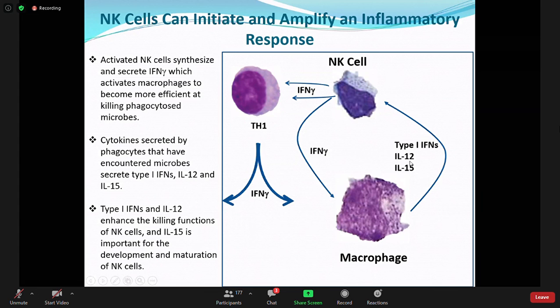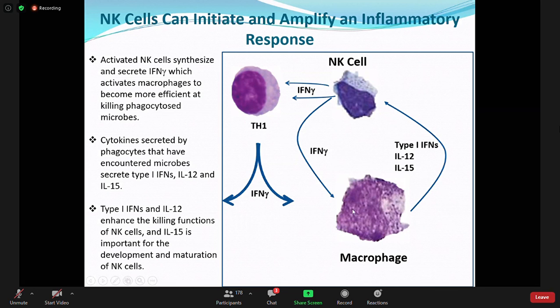Both interleukin 12 and interleukin 15 will stimulate the growth of natural killer cells, and the stimulation of the natural killer cell then induces it to produce interferon gamma, because macrophages themselves don't make interferon gamma.